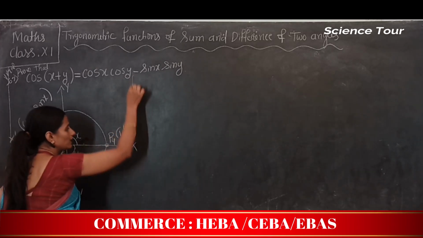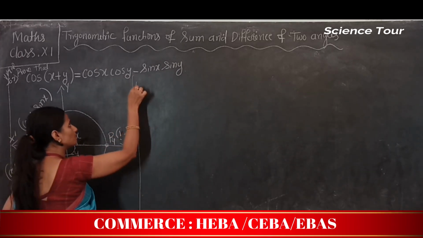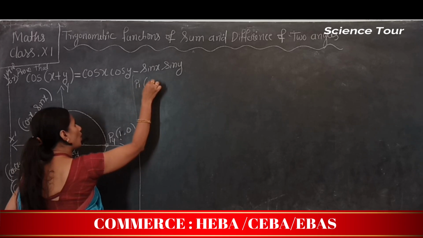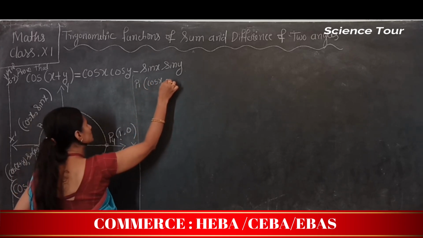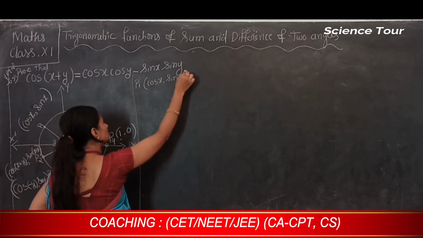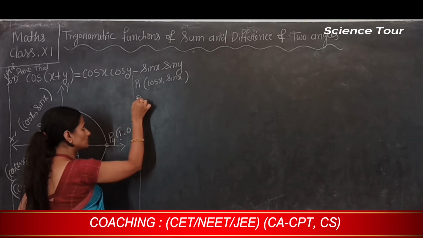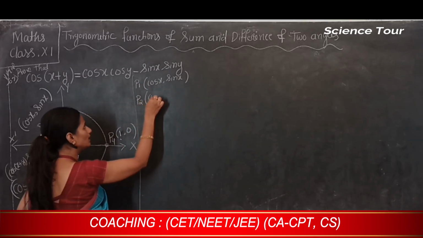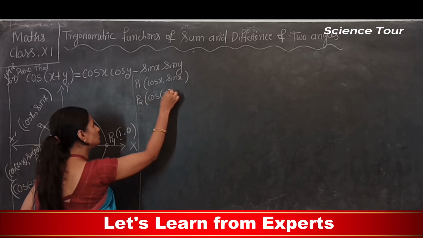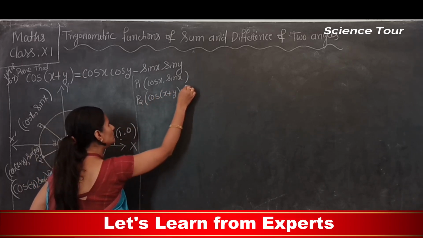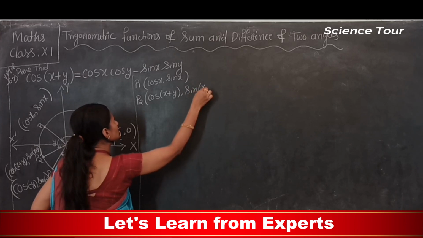So what are the coordinates? I'll take the points. P1 is cos x comma sin x. Don't write anything, afterwards I'll give notes. Now just concentrate here. It is cos of x plus y comma sin of x plus y.